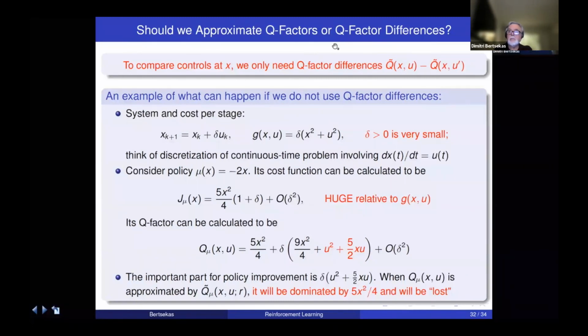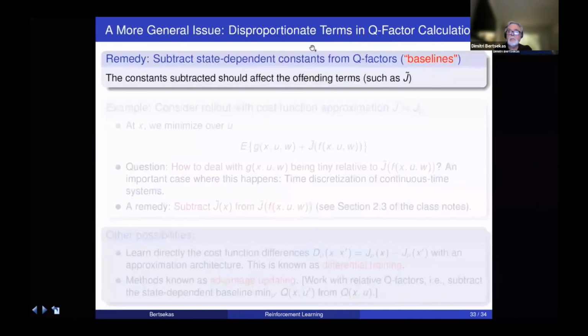Okay, so now let me take the same question and bring it to a more general context. Suppose you have Q factor calculations that include disproportionate terms, terms that can throw off any kind of approximation architecture, approximations with a neural network, for example. So what would be the remedy to this? The remedy is to subtract some state-dependent constants from the Q factors. These are called baselines in the reinforcement learning literature.